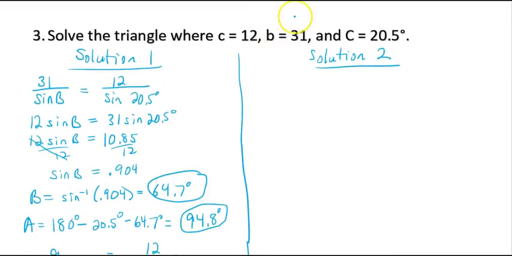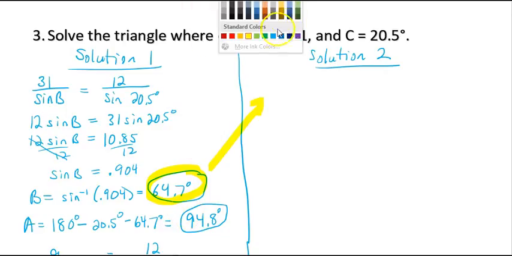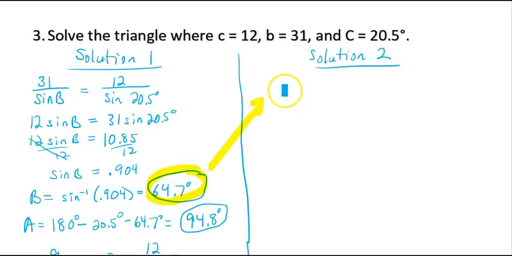Okay, second solution is going to be supplementary. The angles B's are going to be supplementary. So what am I saying here? The first thing that we had to find, because we didn't have enough information otherwise, was this angle B. This angle B and the angle B that I'm going to put over here are supplementary, and that means that they add up to 180.